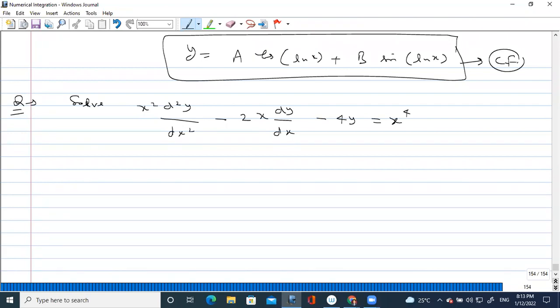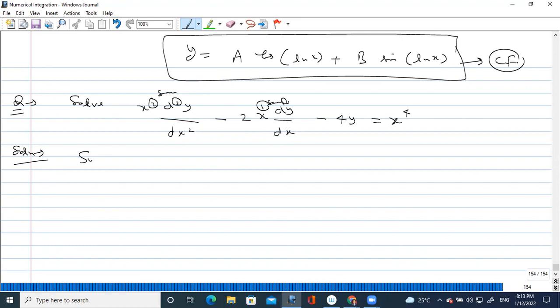Yes, sir, that is a little confusion. Okay, so let me do the other method also after this. Once I do it, then you can practice, no problem. So here again, because this power is the same, and if you check, this power is 1, the sum of these are the same, so it is the Cauchy-Euler.